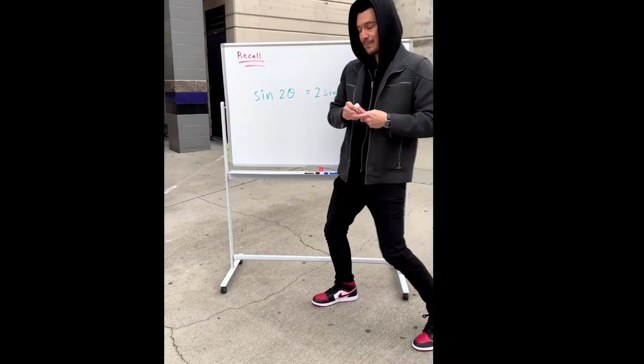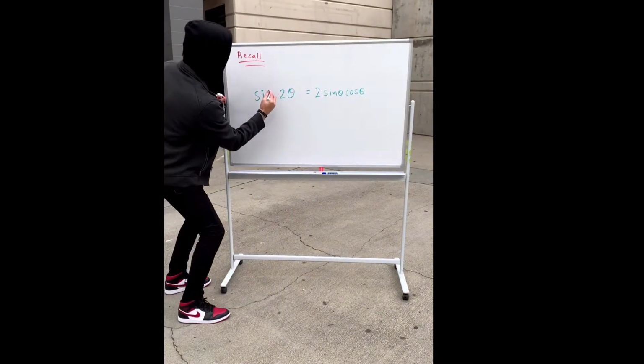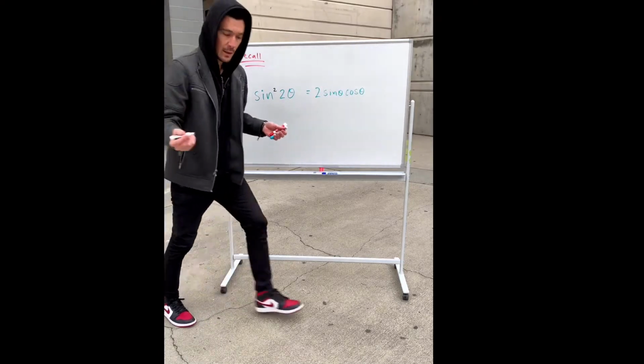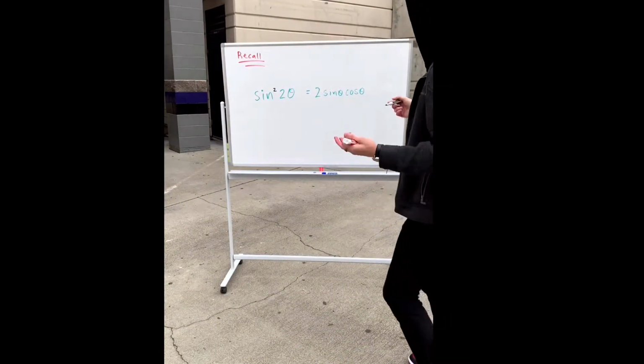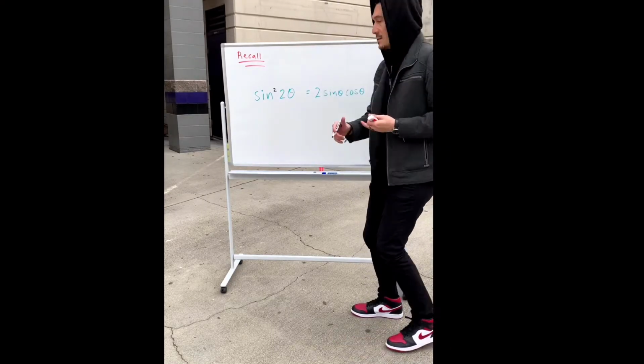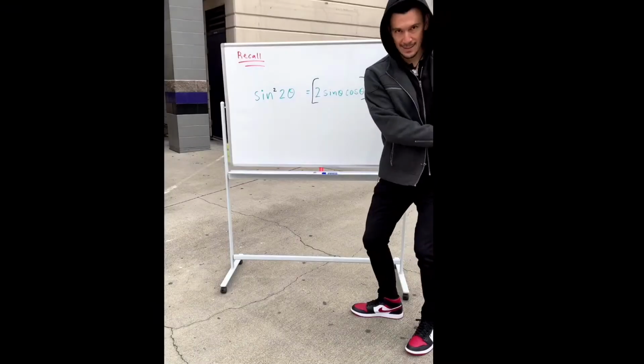But what happens if I have something with a 2 there? All you've done is you've squared the left-hand side. So to adjust this, all you'd have to do is square the right-hand side, all right?